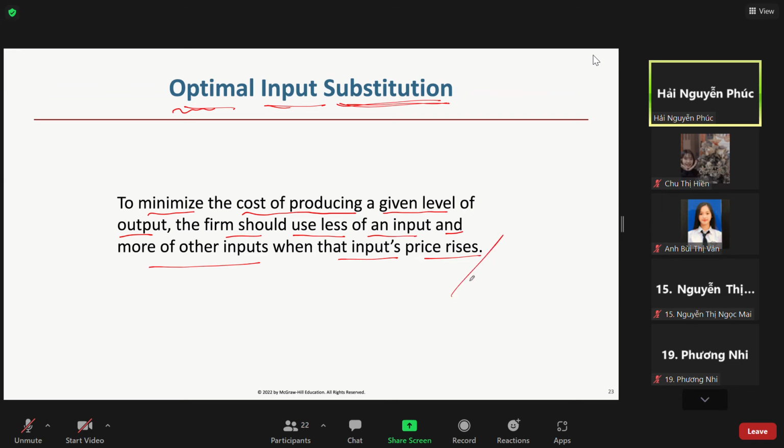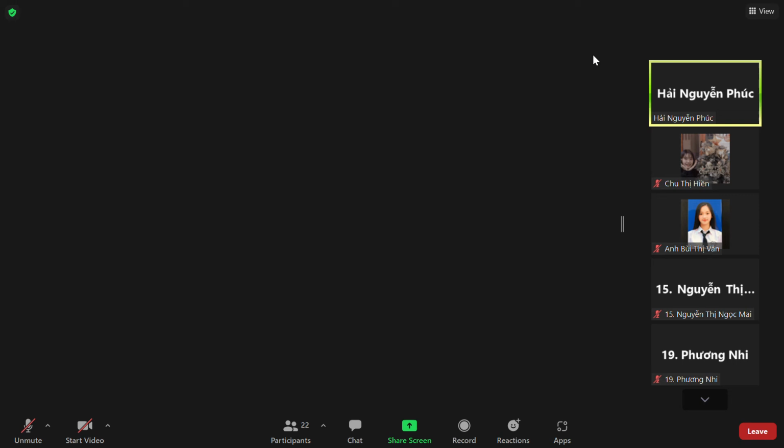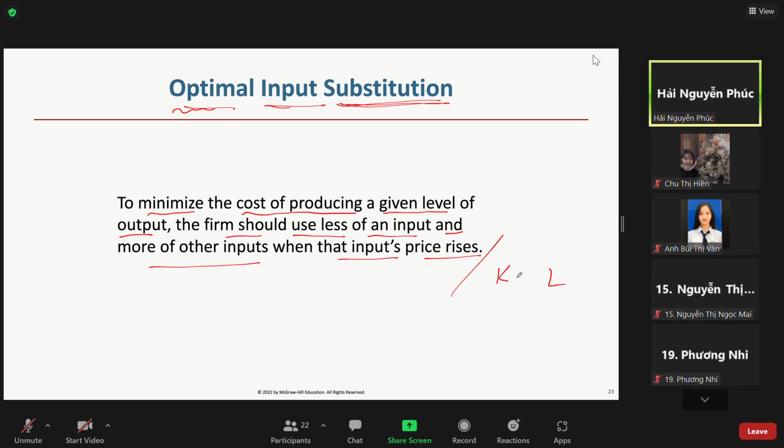Let me make this statement a little bit differently. We know that we have two inputs, K and L. The price of K is R. The price of L is W. And the rule is clearly pretty simple. If the wage increases, the price of labor increases, we should use more capital and less labor. Pretty simple. All right.